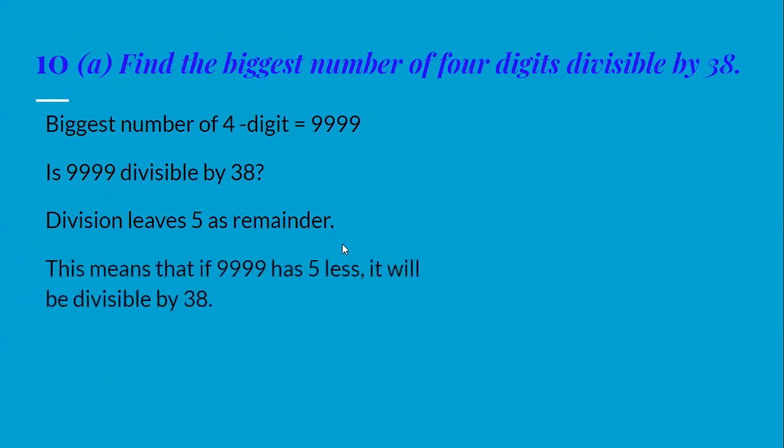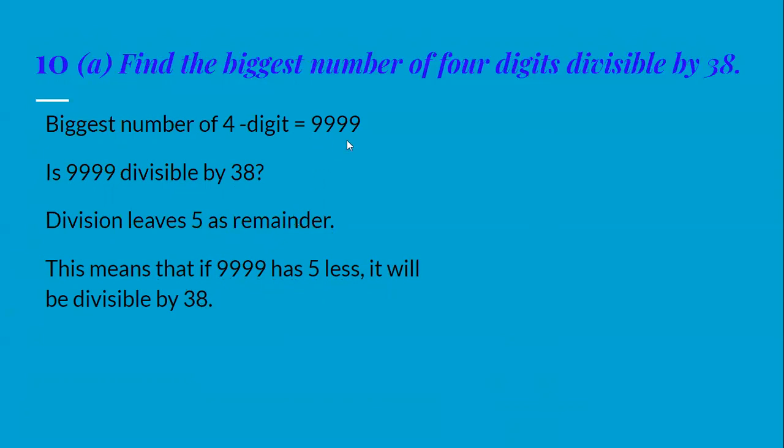So if 5 is left as the remainder, this means that 9,999 has 5 extra, so we will subtract 5 from this number. It will then be divisible by 38 because 5 is left as the remainder.